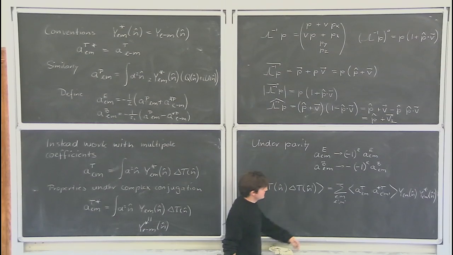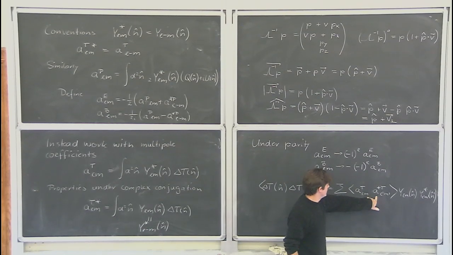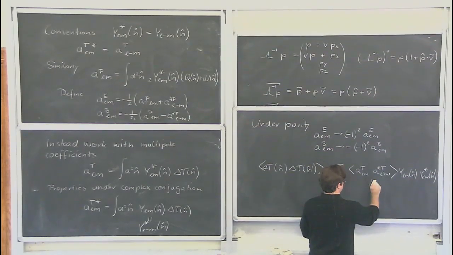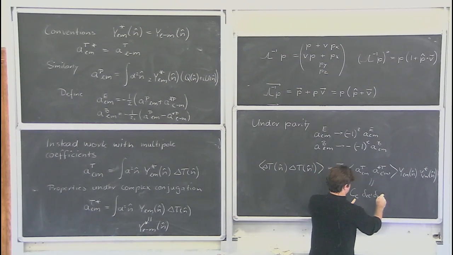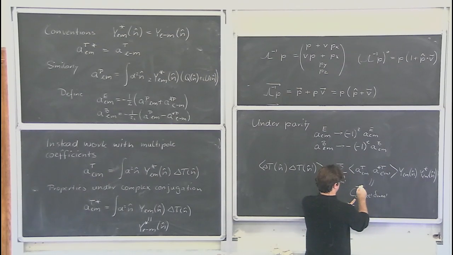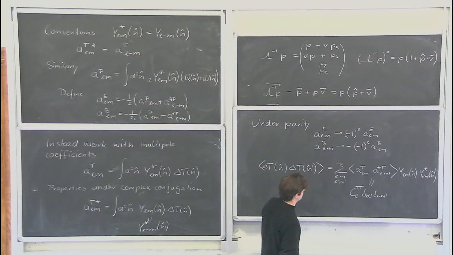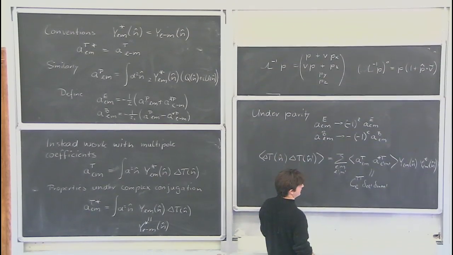And then by rotational invariance, this thing just has to be some function which can only depend on L times delta LL prime times delta MM prime. Because it's TT, it's called the temperature power spectrum, and this is called the angular power spectrum.